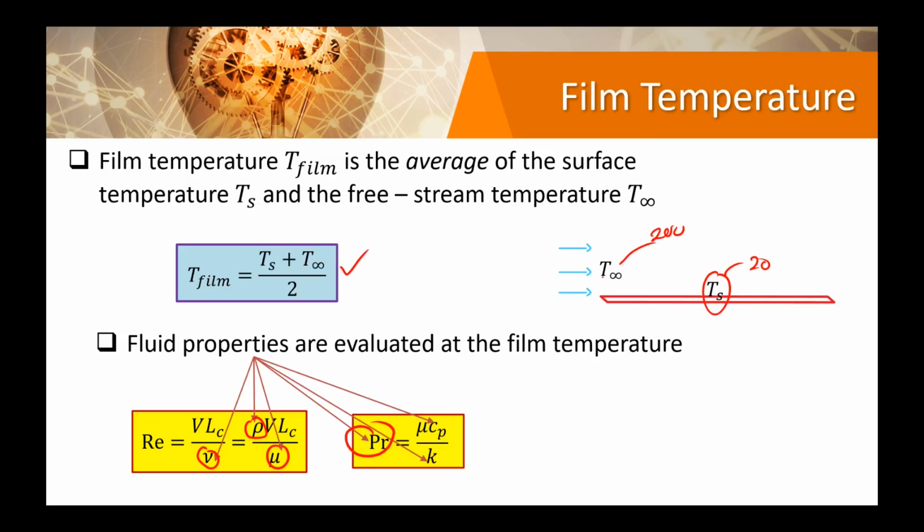So if the surface temperature is 20 and the free stream temperature is 200, then it's going to be 220 over 2. This is just an example. 110, say, degrees Celsius. So you will look up the values of the properties at 110 degrees Celsius.